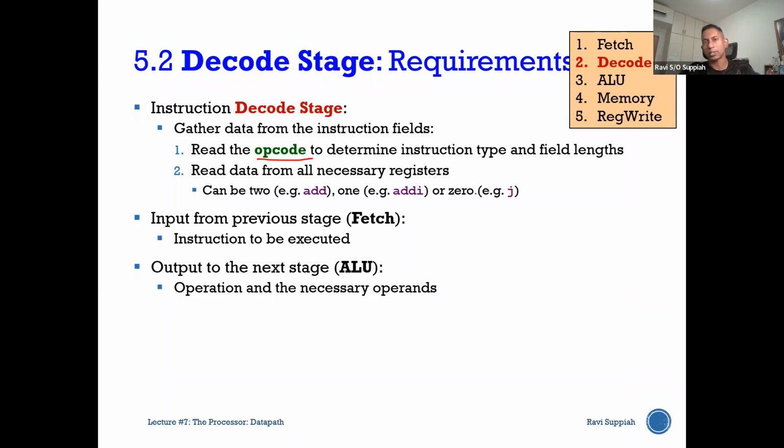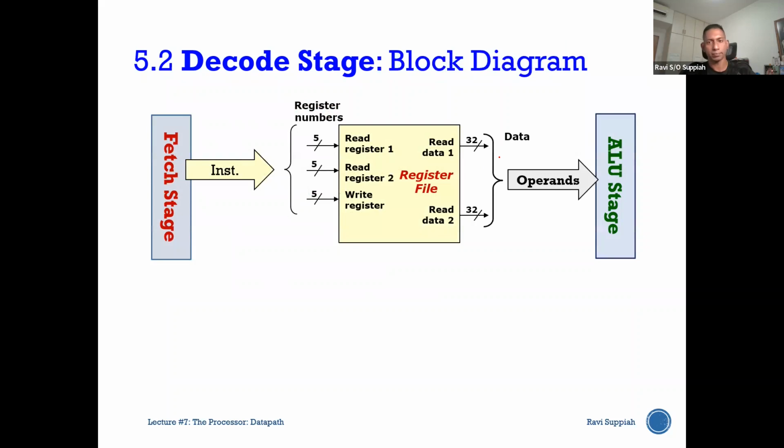If it's an I type instruction, then I have RS and RT plus the immediate value. So I need to be able to know exactly what I need to do based on the instruction format. Now let's look at it step by step, focusing on the R type first, and later on we will slowly expand the processor to support I type.